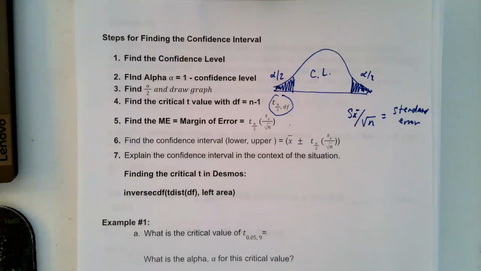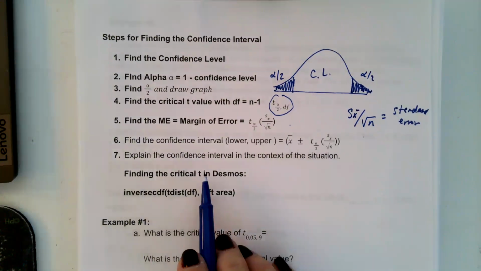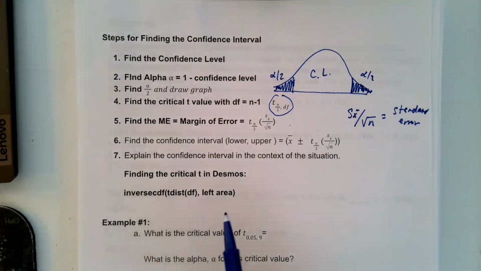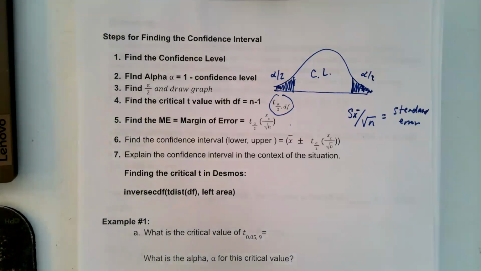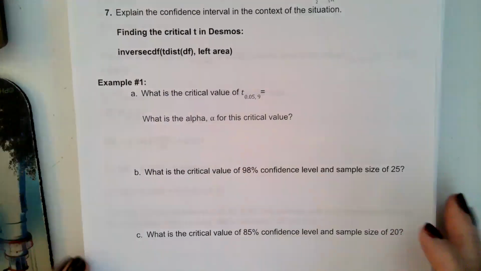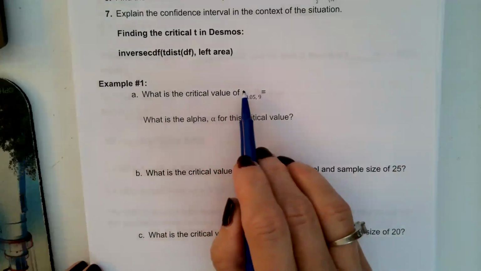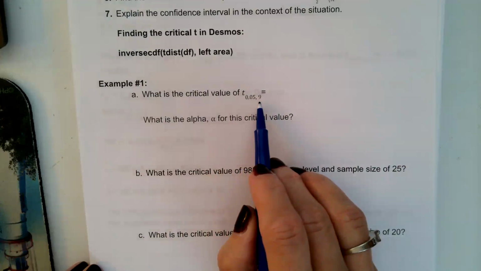Okay, so finding the critical T in Desmos is by taking the inverse CDF of the T distribution with your degrees of freedom, comma, the left area, because remember, Desmos on the inverse CDF only accepts the left area. So let's look at an example to practice this critical T. It says, what is the critical value of T of 0.05 and 9?